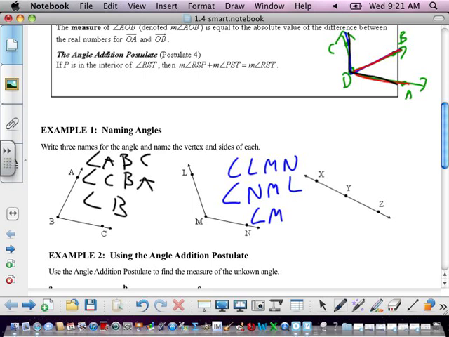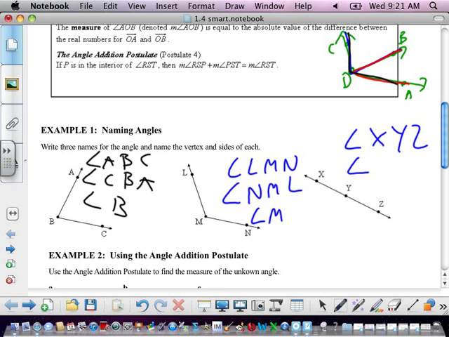Okay, next. I know it's a straight line, but can somebody give me a name for it? Somebody that hasn't gone yet? Should I call on you randomly? Yes. David? Angle XYZ. I know it is a line. How many degrees would it be if it's a straight line? 180. Can somebody give me another name for this?